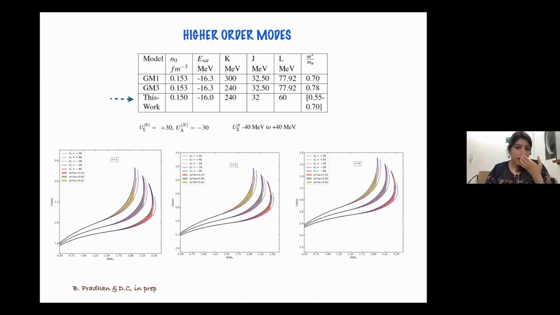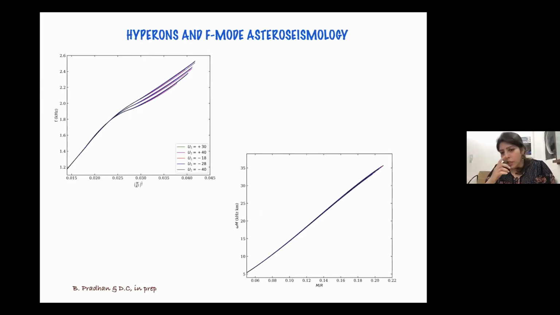We also calculated the same for higher order modes, and essentially we see the same behavior qualitatively, but there is a shift in the frequencies. So this is the preliminary result.